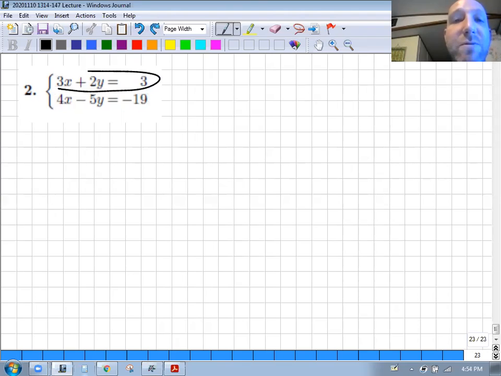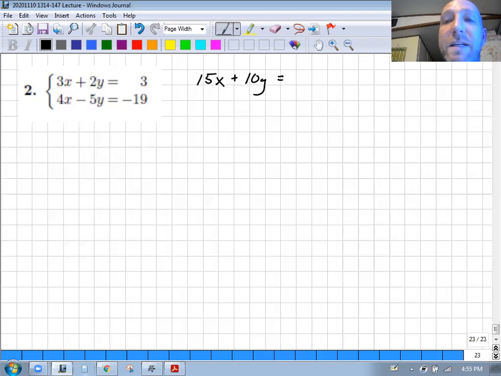If I multiply this through by 5, I got a 15x and a 10y and a 15. Multiplying this one through by 2, I got an 8x minus 10y equals negative 38.